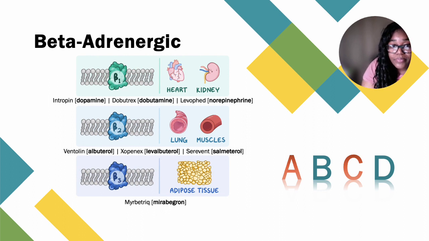Now, when we talk about beta 1 receptors, there are things that I want to discuss with you, particularly with the stimulation of the heart. So we have things called inotropic effect, chronotropic effect, and dromotropic effect.